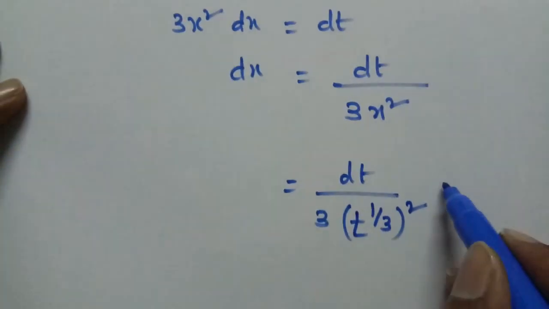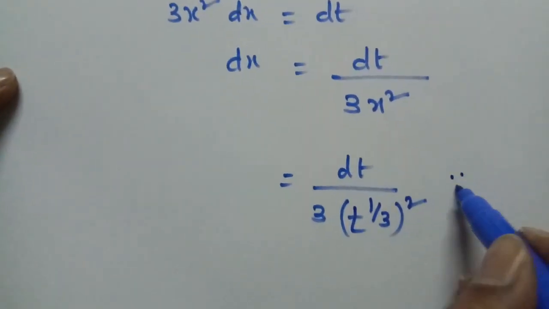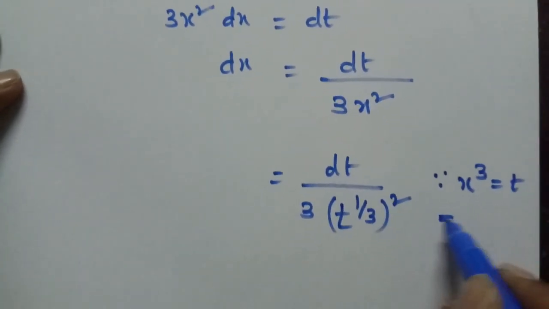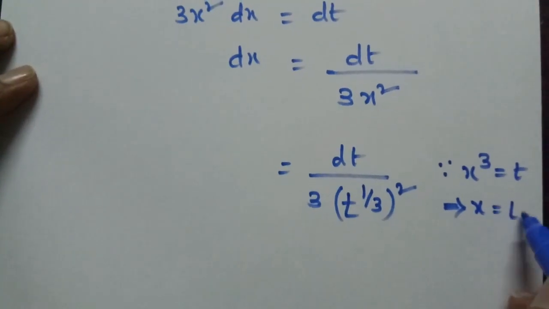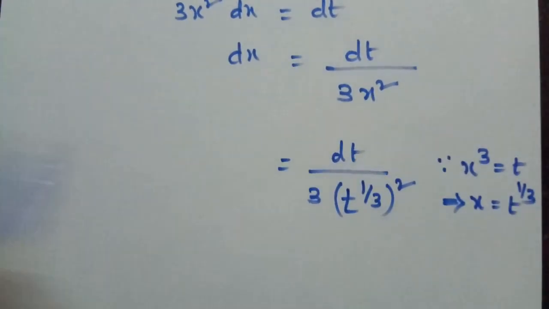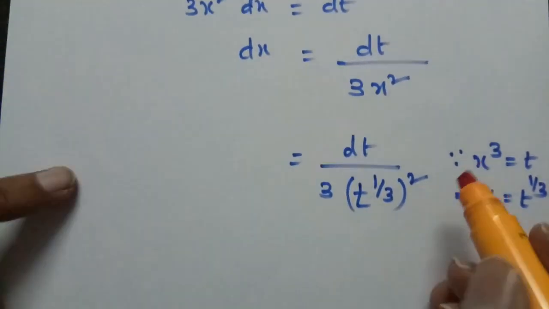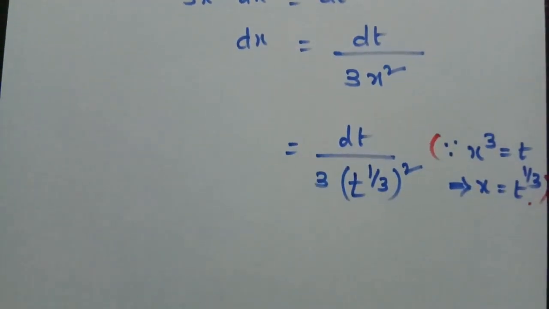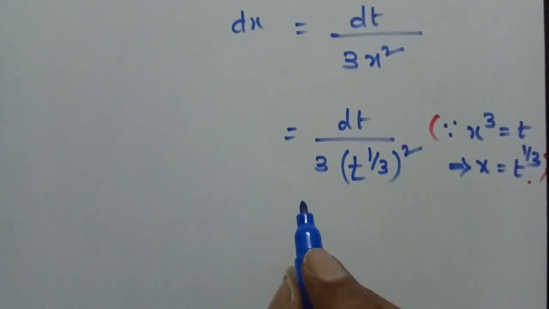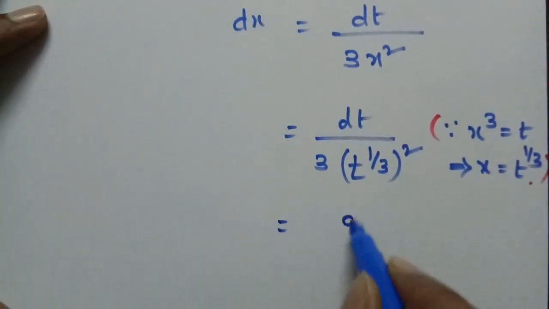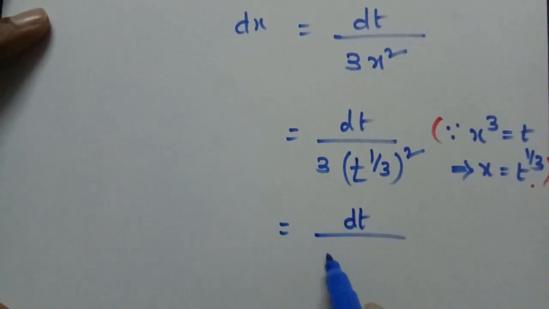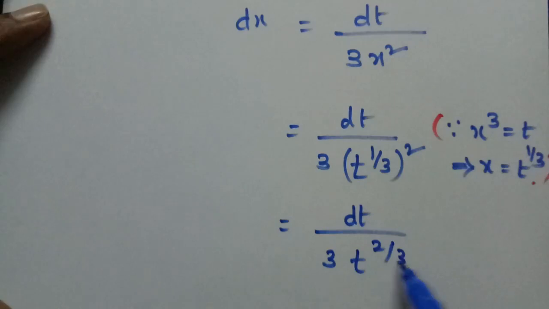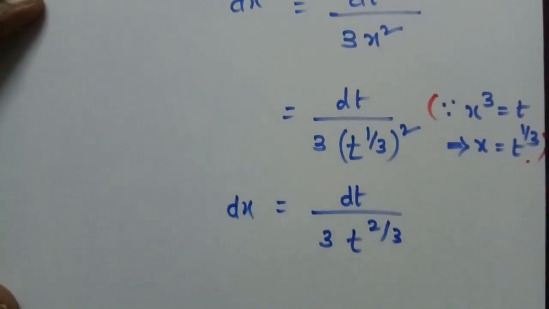Since x cube is equal to t, that implies x is equal to t to the power of 1 by 3. Now this is equal to dt by 3 into t to the power of 2 by 3. This is dx.